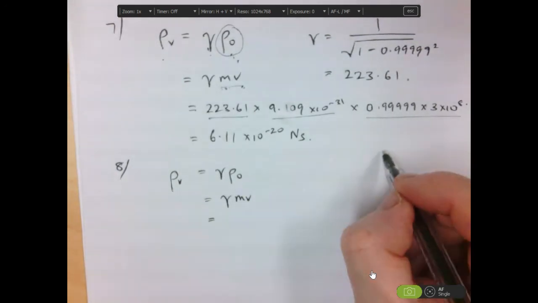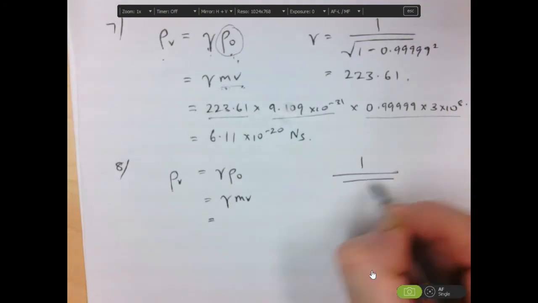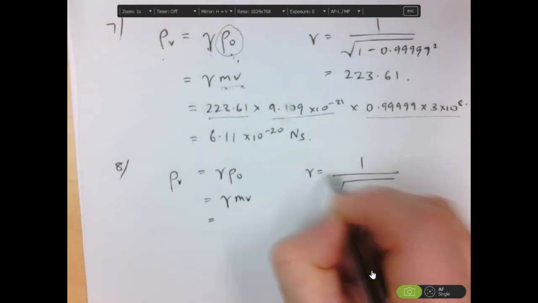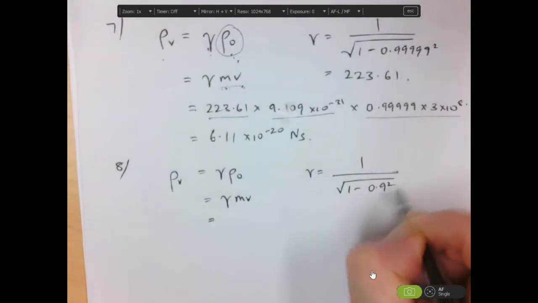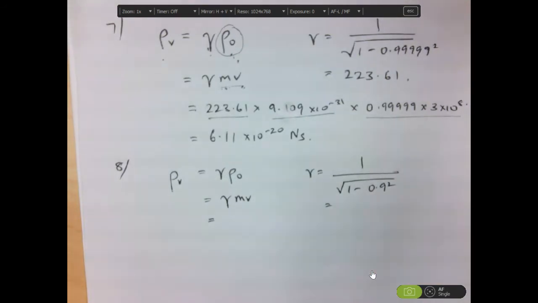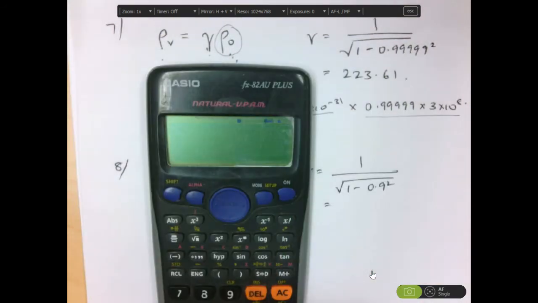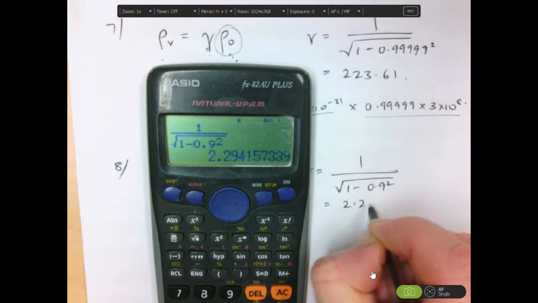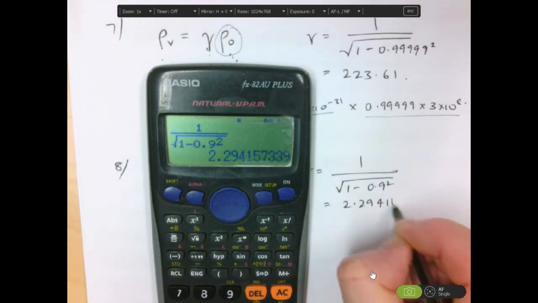So the gamma factor in this situation for 90% of the speed of light will be given by that formula there. That is 1 over the square root of 1 minus 0.9 squared. So that's 2.29416.